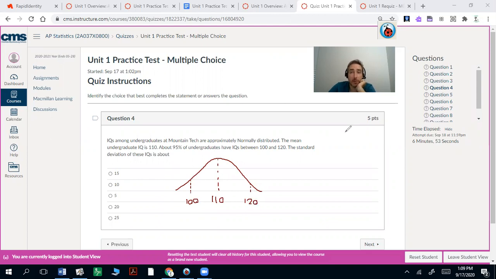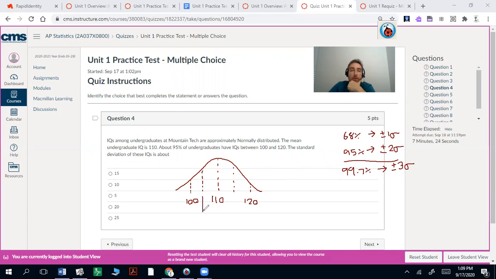Now let's remember the empirical rule. 68% within one standard deviation, 95% within 2 standard deviations, and almost all, 99.7%, within 3 standard deviations. So that 100 and 120 are actually 2 standard deviations out. So there's going to be a middle number there.